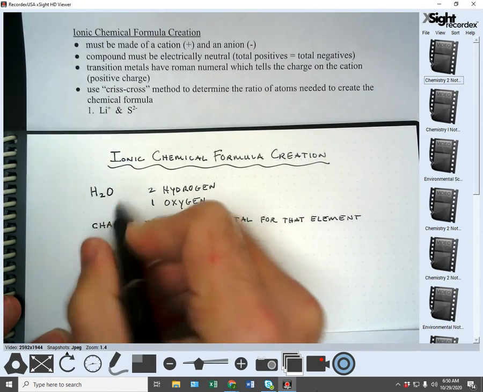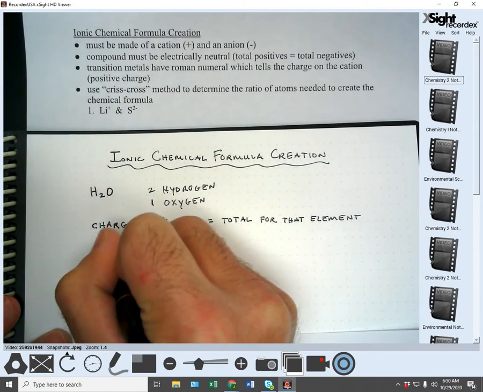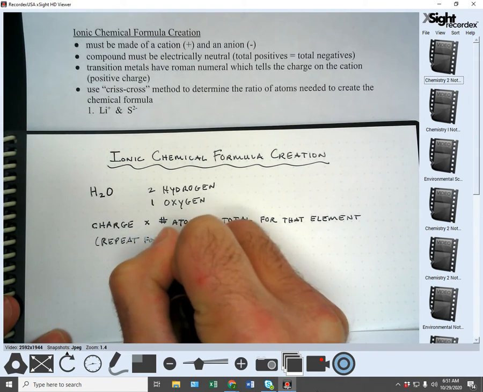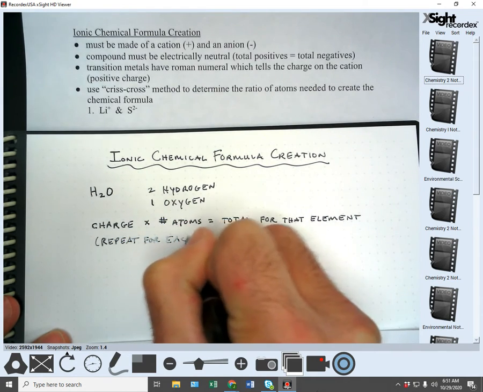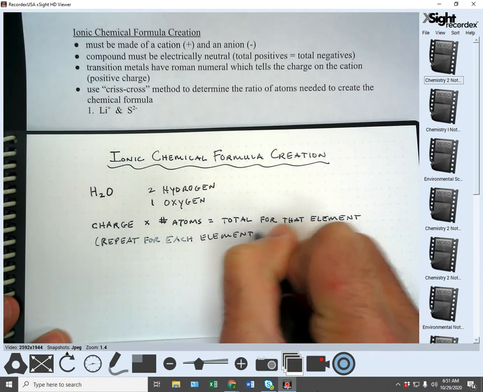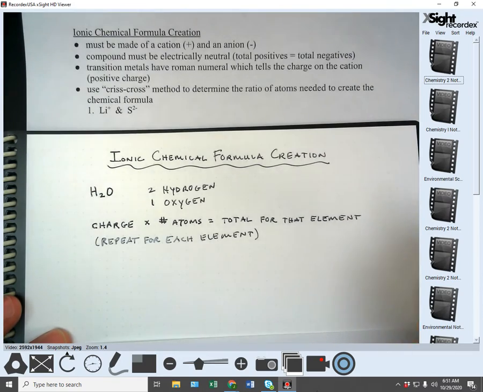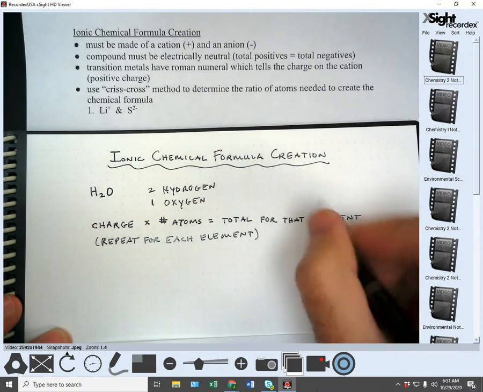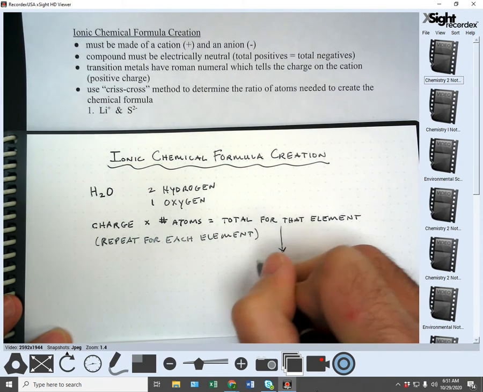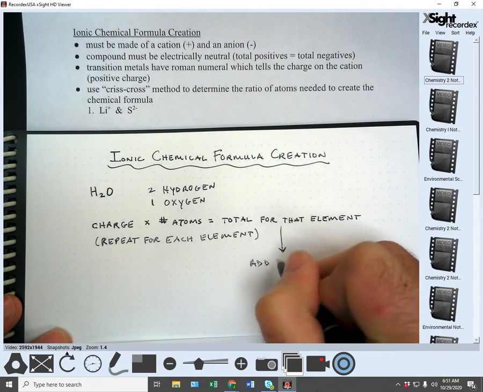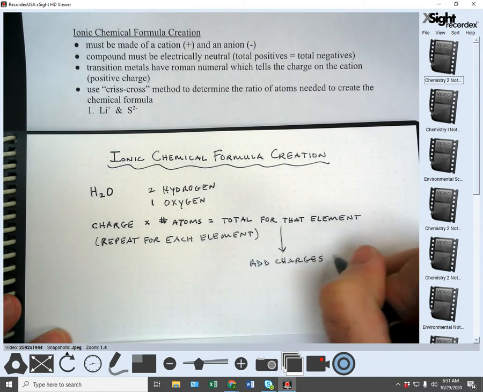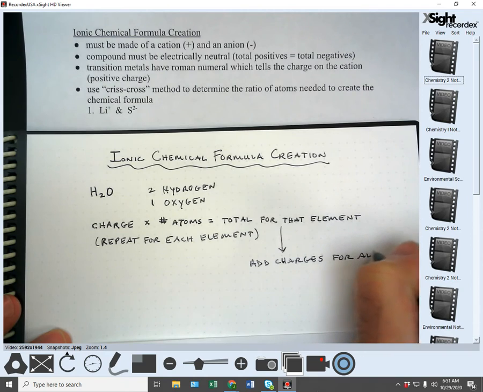Okay, and then you repeat this for each element. Then you add charges for all the elements.